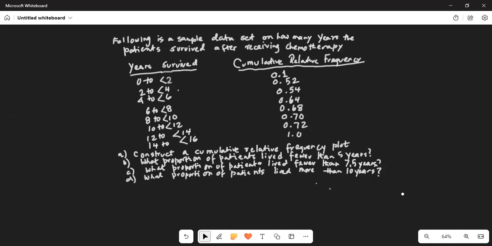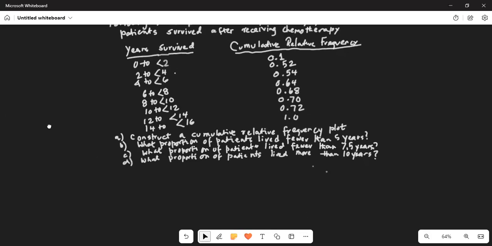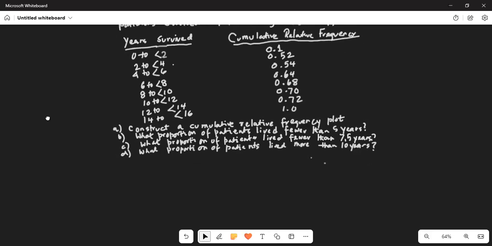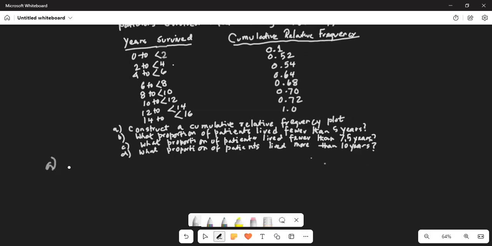In order to do that, we will move this a little bit up. And part A, cumulative relative frequency plot.